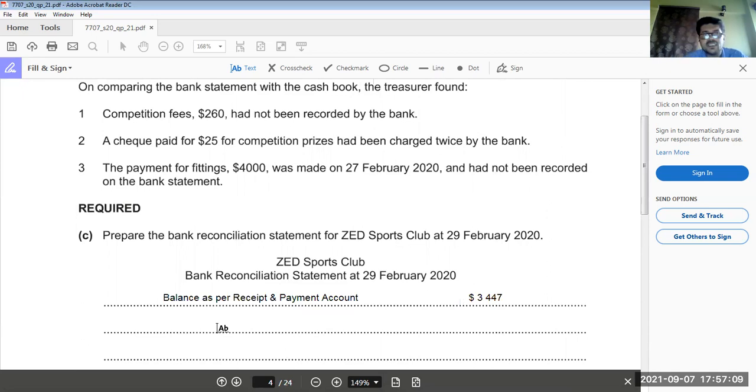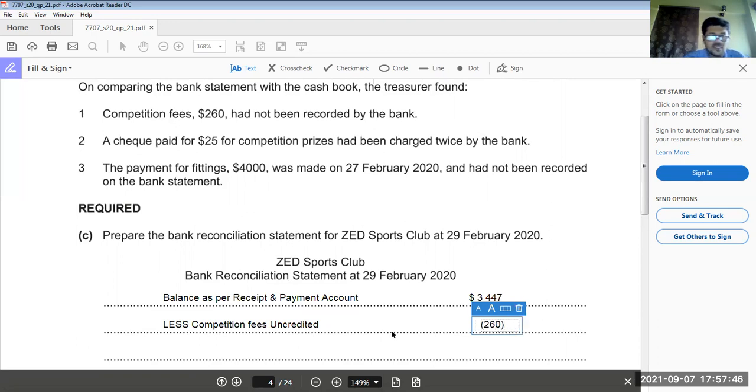So we can say that this is an amount not yet credited, uncredited. So we are going to deduct it. Less competition fees uncredited. This is how much? 260.